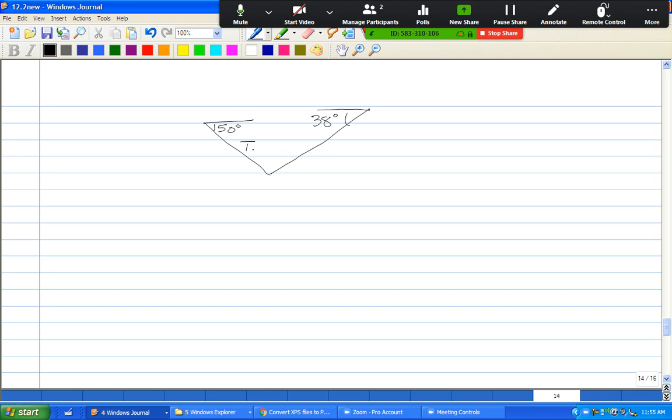Let's call T1 the length of this vector, and T2, the tension, is the length of this vector. So I have a weight here going down, with a force of 350 newtons. And so these have to balance out, so it's got to have a force in this direction equal to a force in the other direction so that they cancel out.